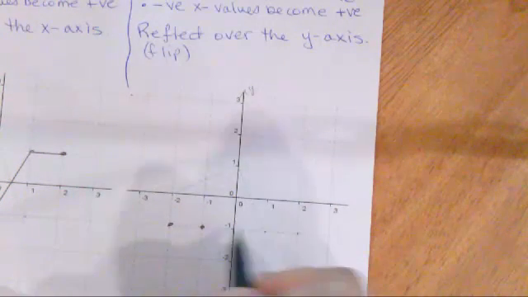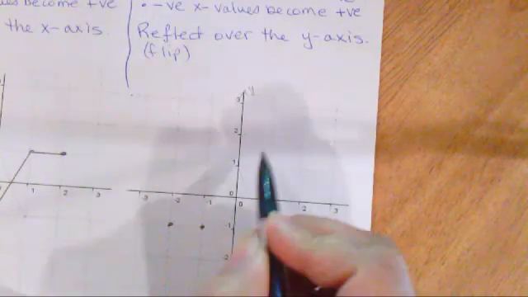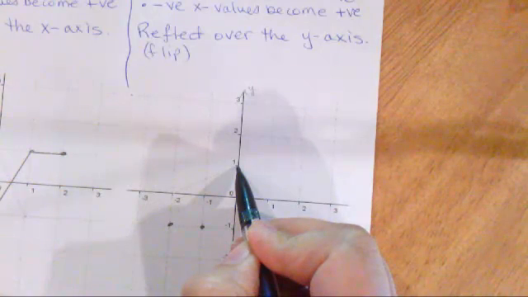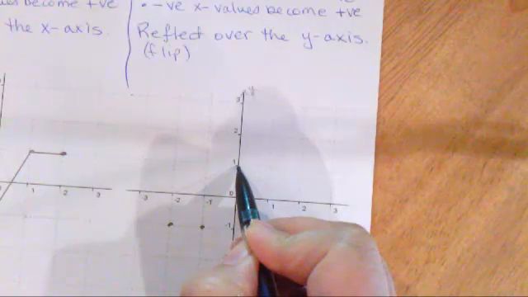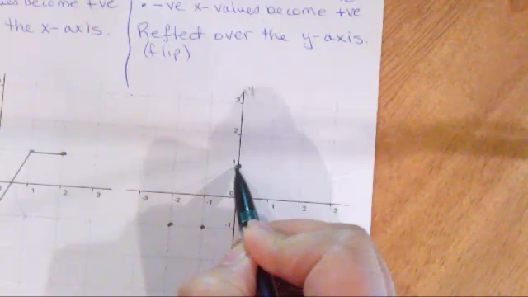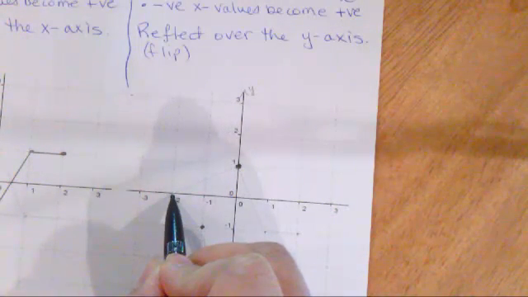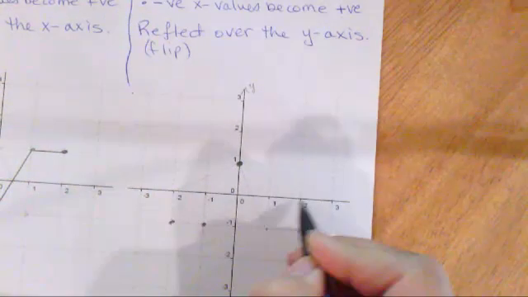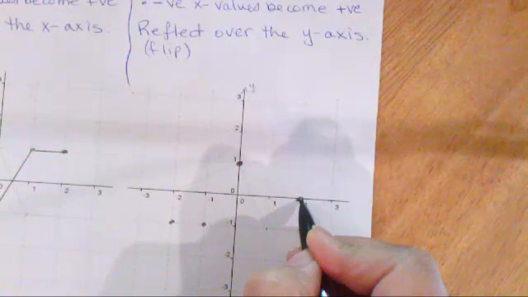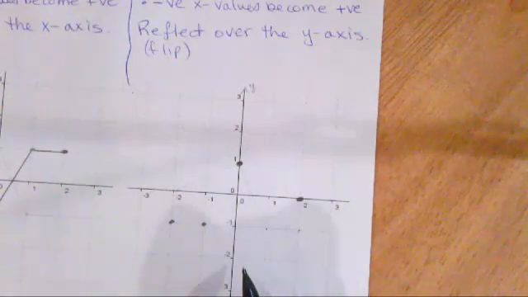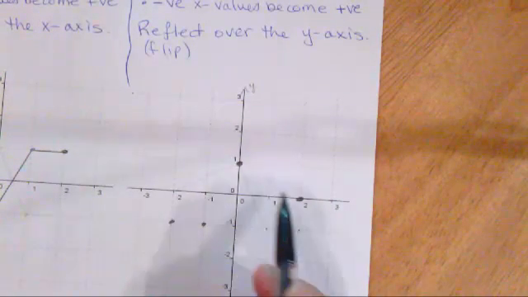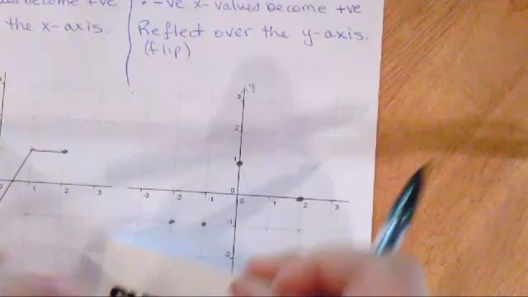So this went here, and now what's my x value here? My x value here is 0. Multiply that by negative 1, it stays the same. And this x value that I have is now going to become a positive 2. So everything flips over the y-axis, it kind of goes this way.